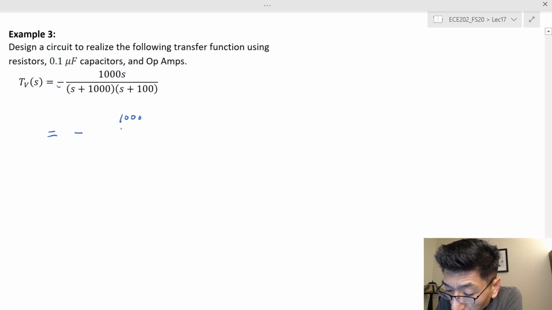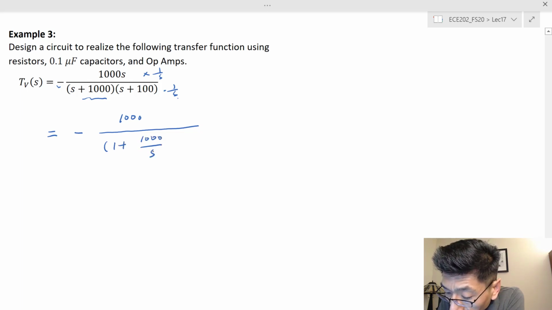So in that case I got 1 over s times 1 over s. And in this case, I would like to take the 1 over s combined with the first term. We'll see in a moment why. So 1 times 1 plus 1000 over s, and s plus 100, right?